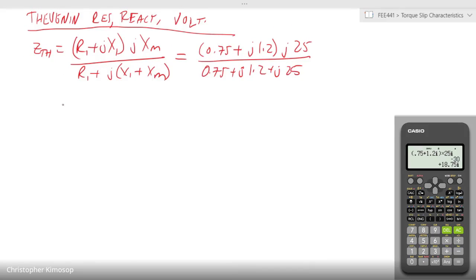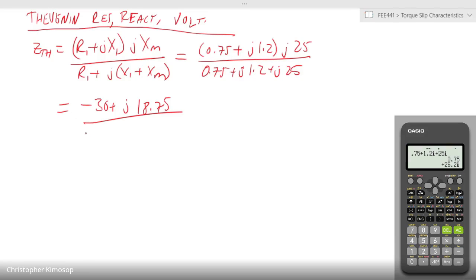Slight technical difficulty there. Okay. So it's minus 30 plus j18.75 over, let's get the other part, which was 0.75 plus 1.2j plus 25j.